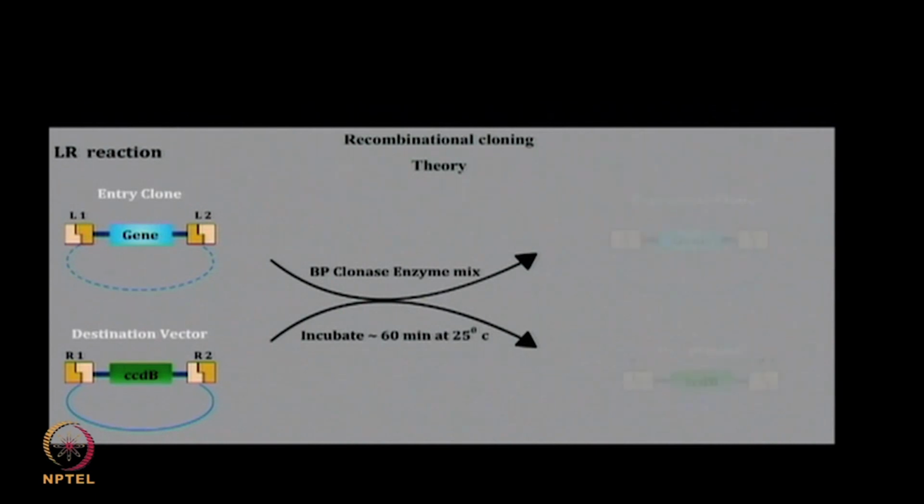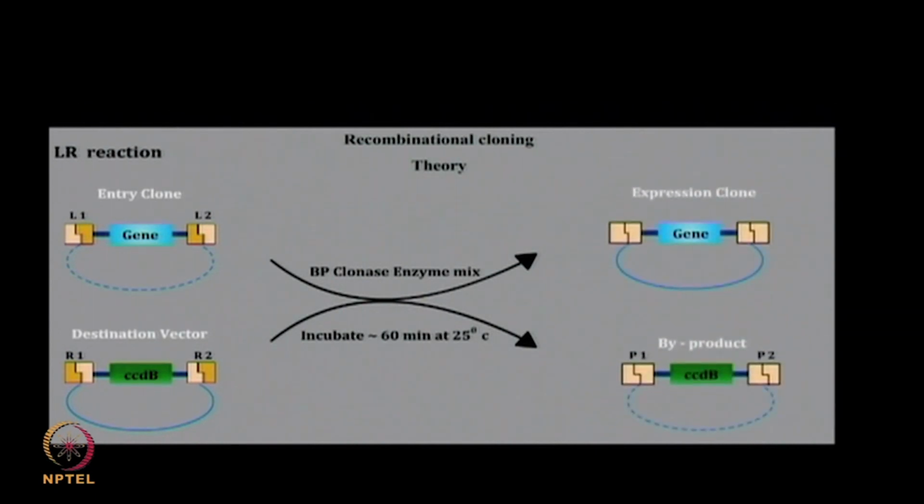The LR reaction is essentially the reverse of the BP reaction, where the master clone flanked by the att L site recombines with a destination vector with att R sites. This reaction, which takes place in the presence of LR clonase enzyme mix, results in transfer of the gene from the master clone to the destination vector to produce an expression clone for a specific purpose.